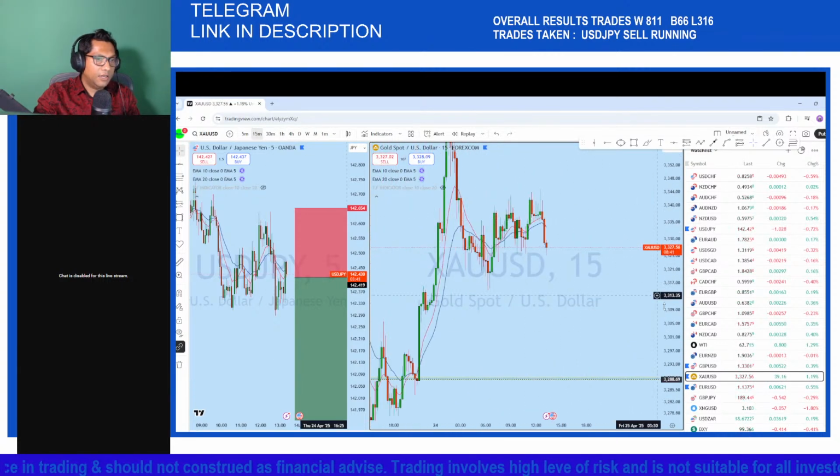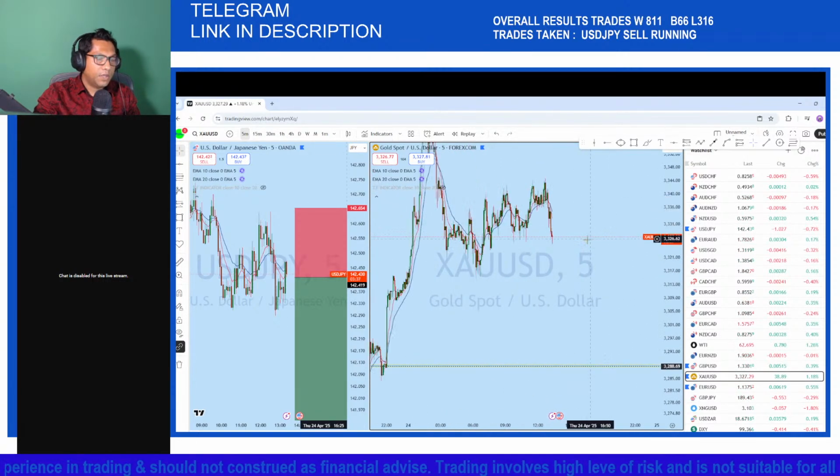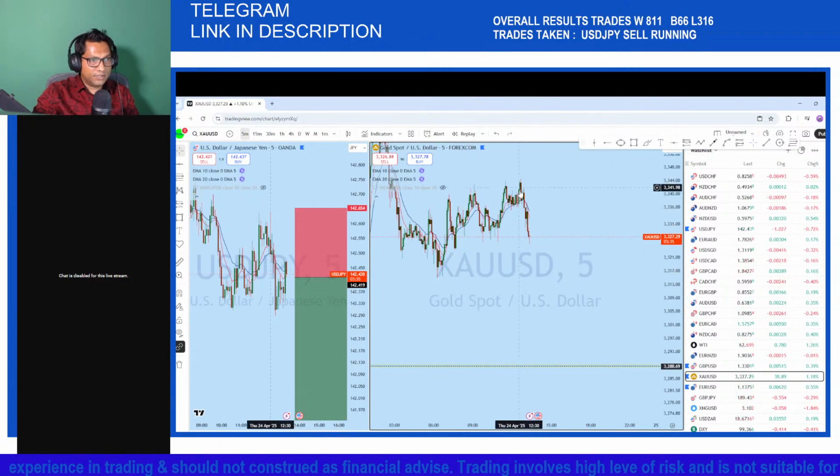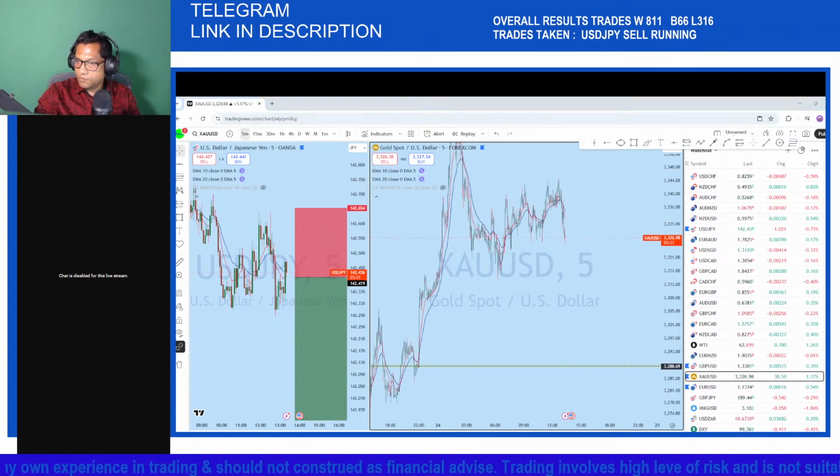And here the market potentially has a liquidity gap. You can see that it's a complete breakup structure, where you can see the market is heading back to that.